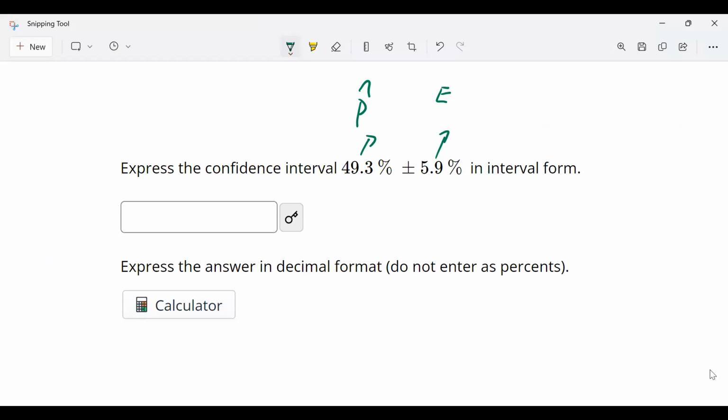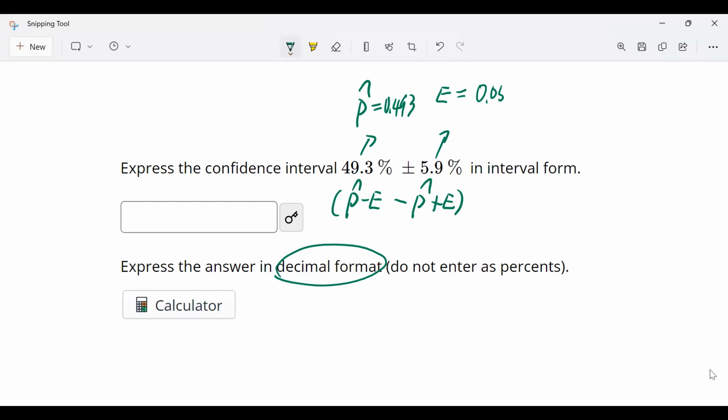In the interval form, it will look like this: p hat minus margin of error, but in decimal form. So that means we're going to convert p hat to decimal numbers, and also the margin of error. So p hat here is 49.3%, which is 0.493. The margin of error is 5.9%, so it's 0.059.